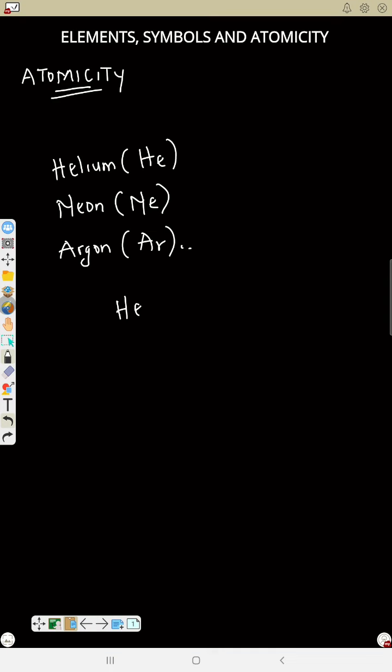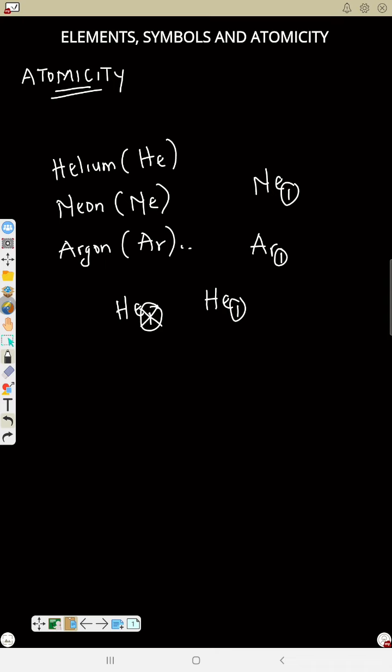If I write He, it means the subscript is 1, but we don't usually write subscript 1. That is why we just write He, and that means its atomicity is 1 because it contains one atom. Neon, Ne, also contains one atom. Argon, Ar, also contains one atom. So any element with one atom has an atomicity of 1.